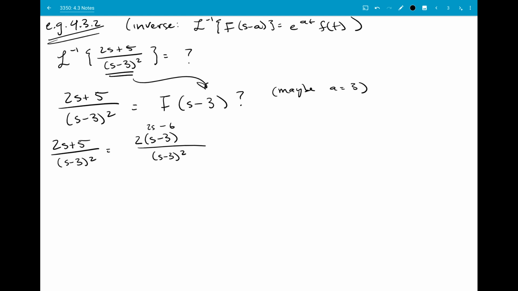But that gives me a minus 6. And since I want this to be 2s + 5, I need to add enough out here so that it becomes plus 5 in the end. So I add 11. Then if I multiplied this out, I would have 2s - 6 + 11 is 2s + 5. So I did all my algebra right there.